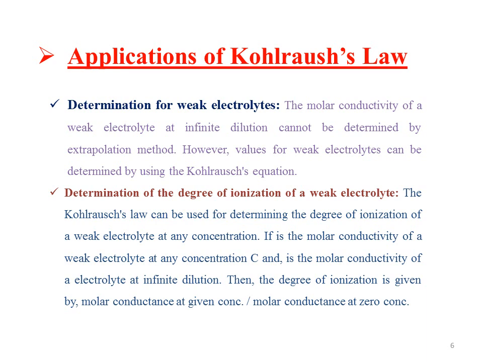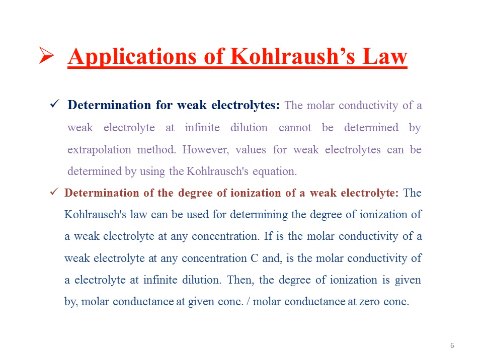Number two application is that it is used for the determination of the degree of ionization of a weak electrolyte. Here one thing is notable: a weak electrolyte is ionized, and it is ionized on dilution. Its principle of ionization is given by the Ostwald law.